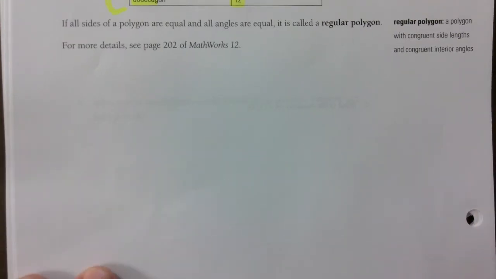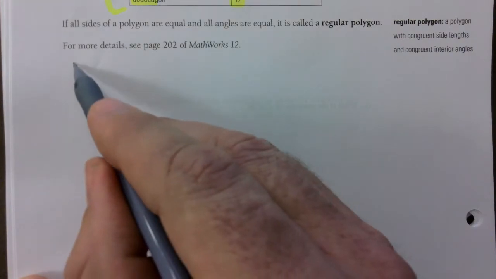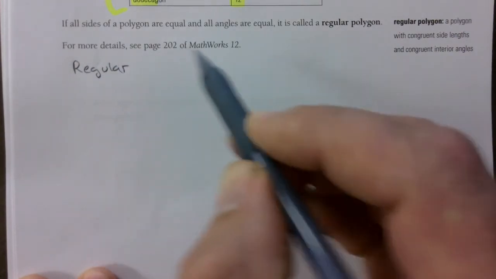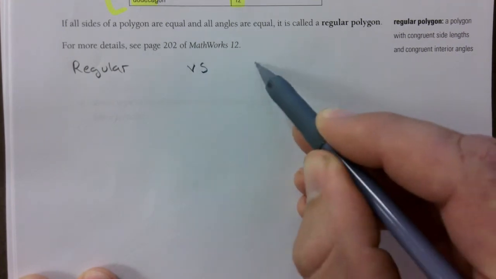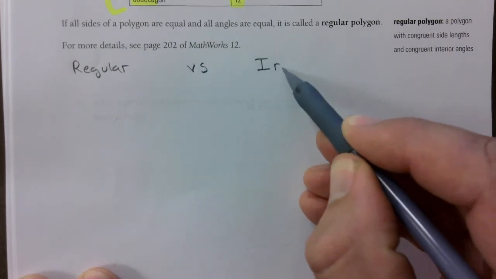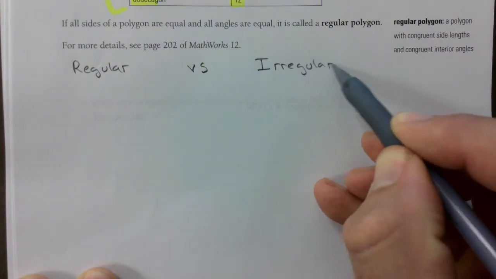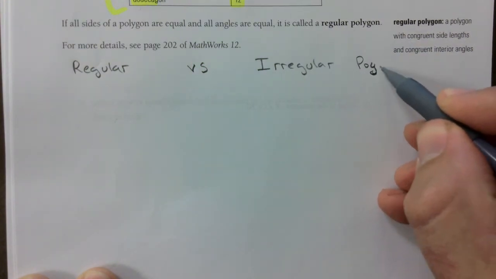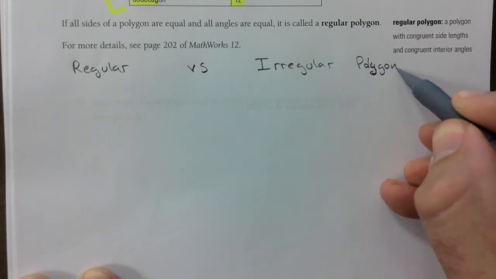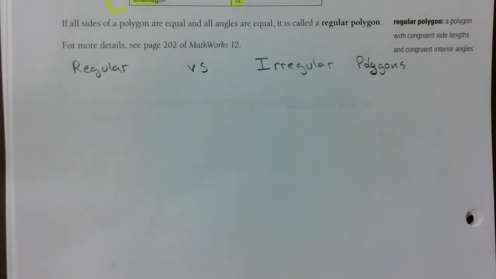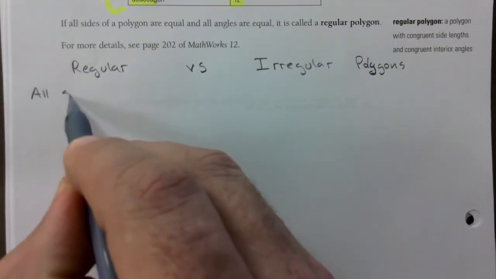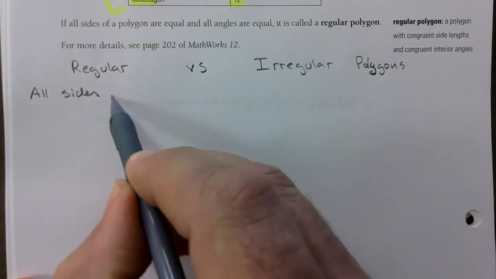So regular versus irregular polygons. Regular, watch this. All sides are congruent.